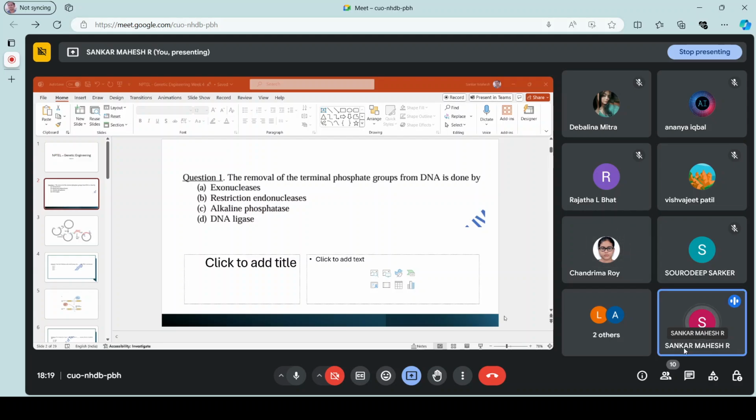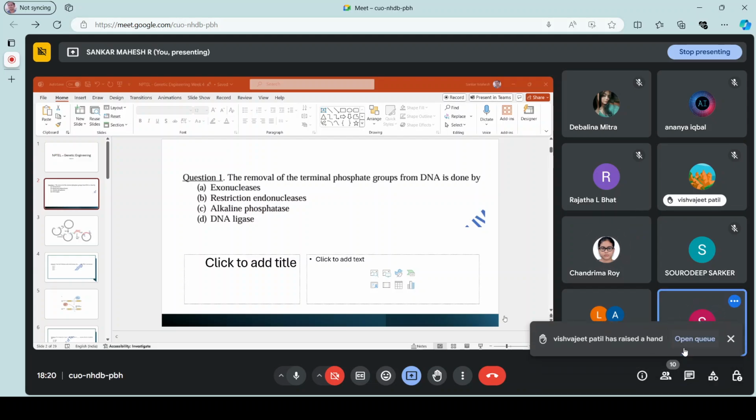So you were saying it joins the DNA between two strands. There are two strands sideways, we have to ligate them, so that time we can use DNA ligase to join.